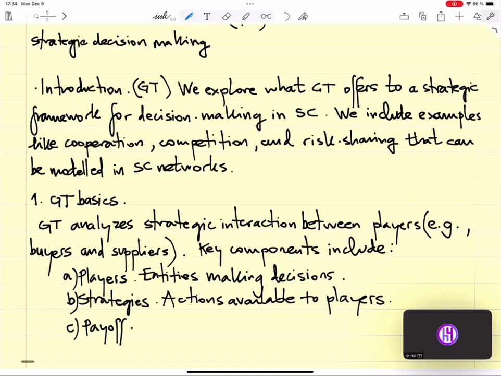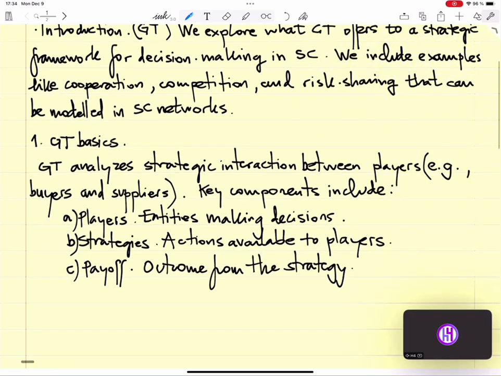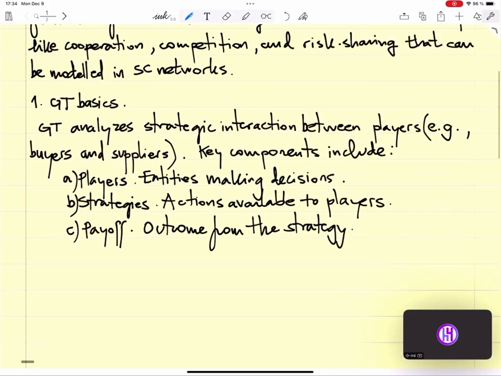The payoff is the outcome from the strategy, such as profit or increased market share. So basically we have some examples of game theory models in supply chain management.